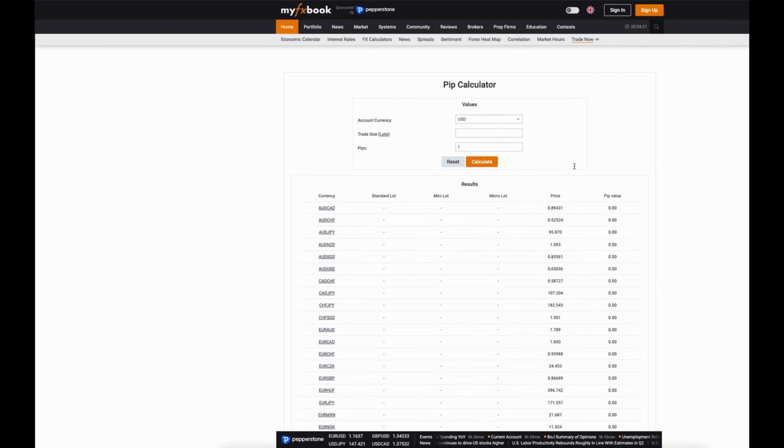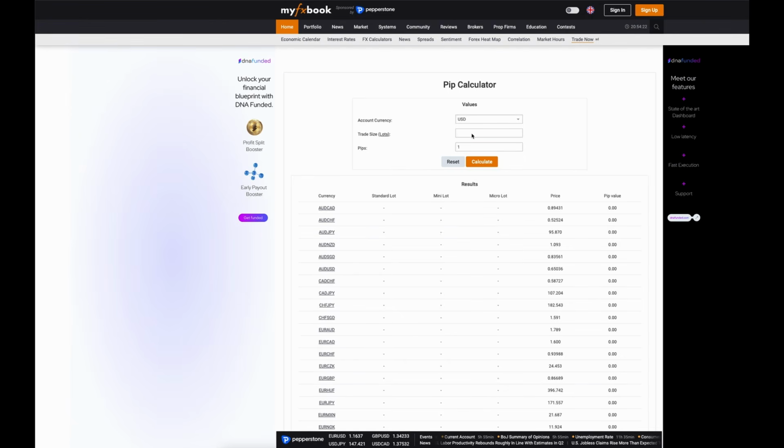So here what you're going to do is enter where it says trade size in lots. Let's just use one lot here, and then we'll see the value of one pip on one lot, how much money that is. If the price moves just one pip when you've taken a trade of one lot, how much will that be for each of these currency pairs and gold?